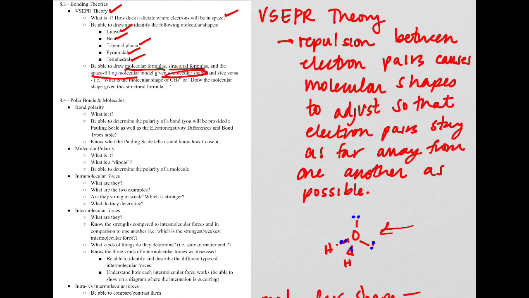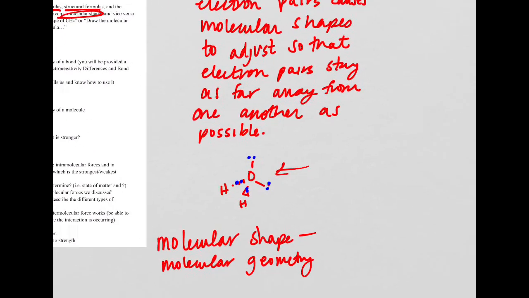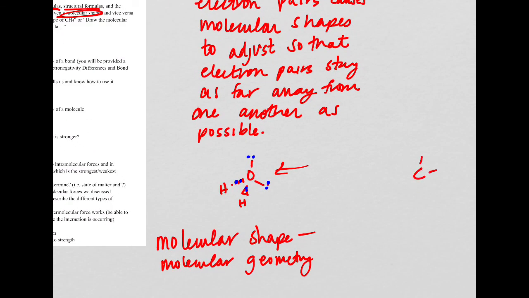What is the molecular shape of CH4, which we already know is tetrahedral because I just did it, or draw the molecular shape given this structural formula. So if I give you this structural formula and say, we'll say Cl, and I ask what is the molecular geometry of this, you need to know that it's tetrahedral, all right?